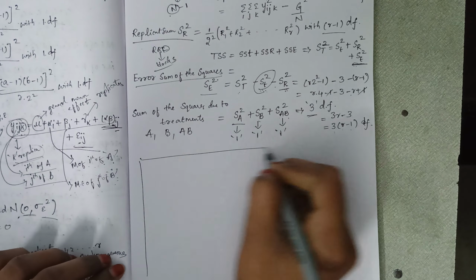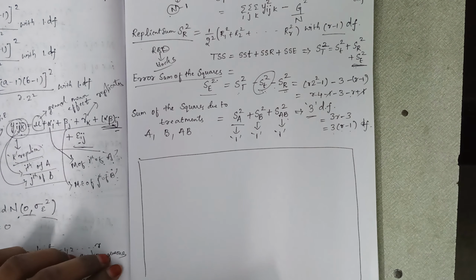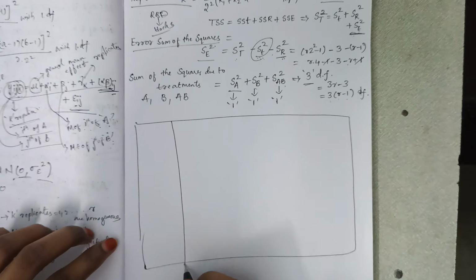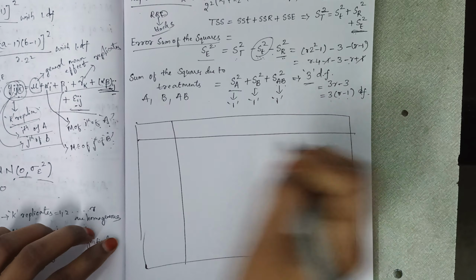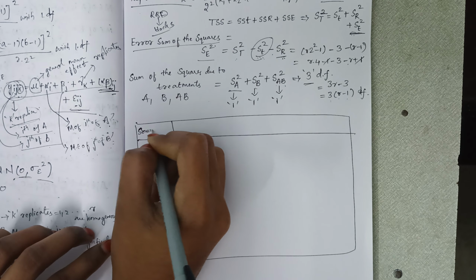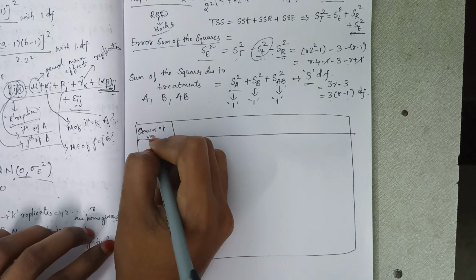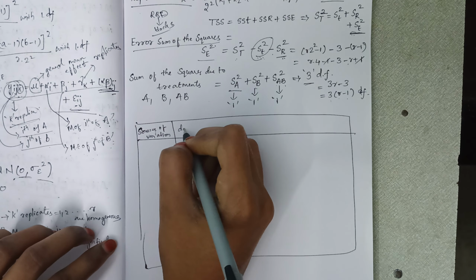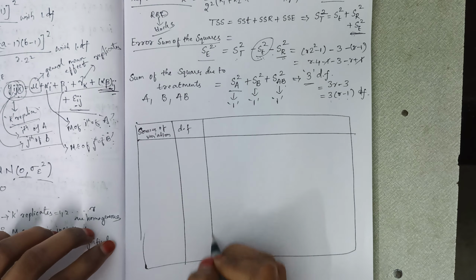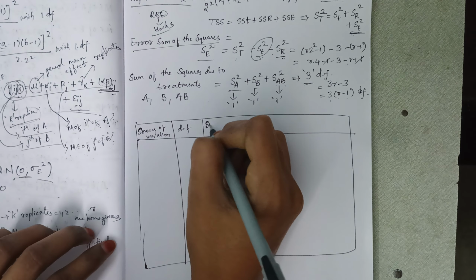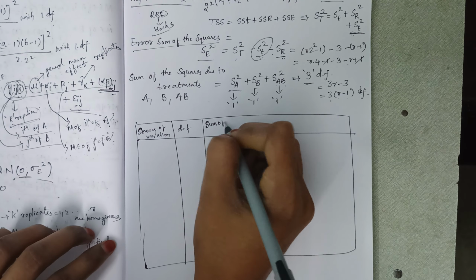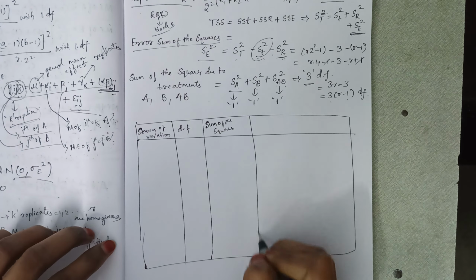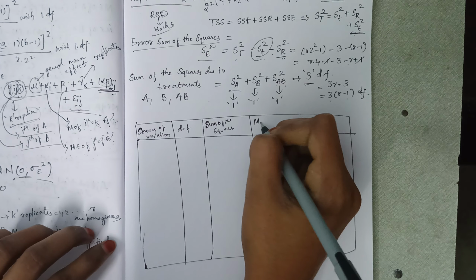Draw a table like this, and in RBD, randomized block design, we have sources of variation, degrees of freedom, sum of the squares, and another is mean sum of the squares.